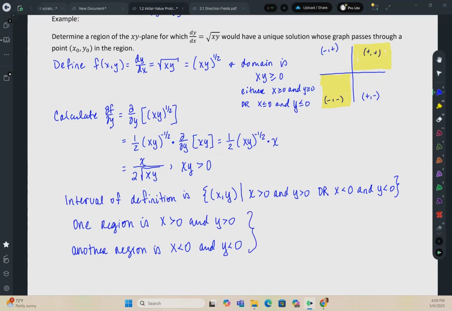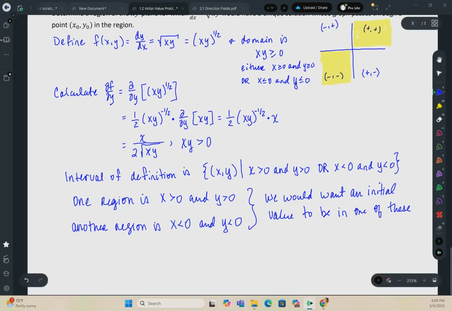So let's just say we would want an initial value to be in one of these. If it is not, like for example, let's pretend that the initial value given is in the fourth quadrant. What that means is that I do not have a unique solution to that IVP, okay? I have the existence of a solution, I just don't have a solution to the IVP. And that's all that it means, okay?